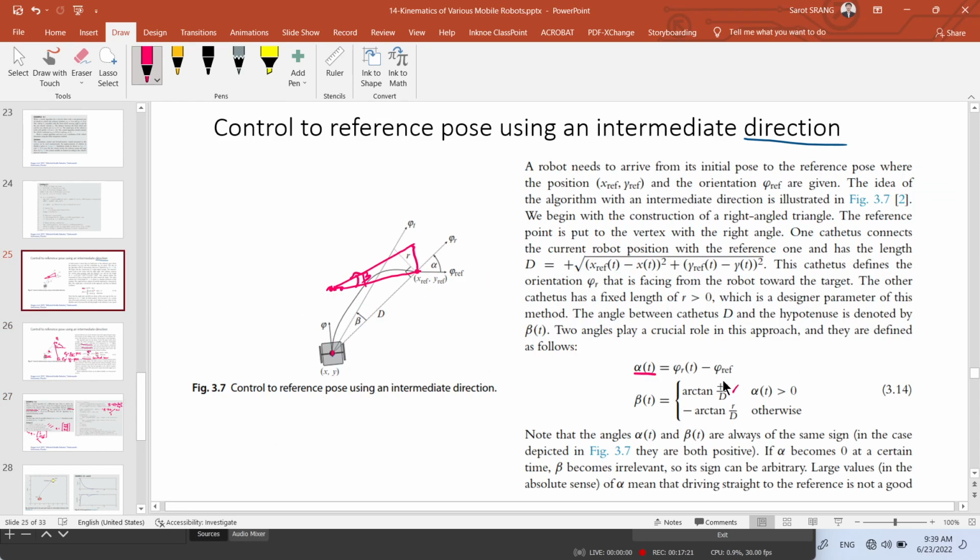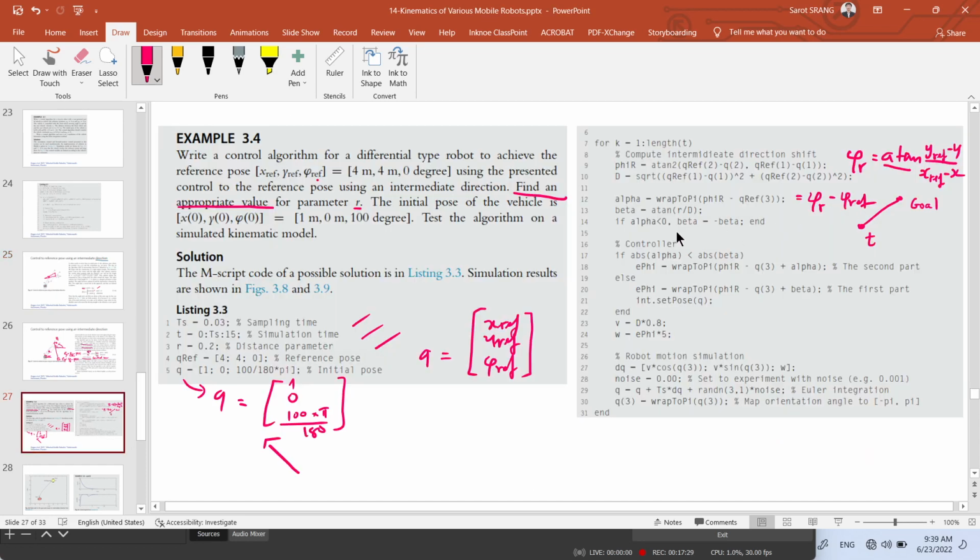Where is alpha? Here, alpha. And beta is arctan of r over d. So r is chosen, and so beta is this one. Can you see? This one is the reference.